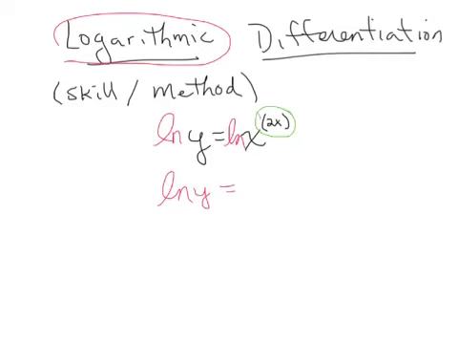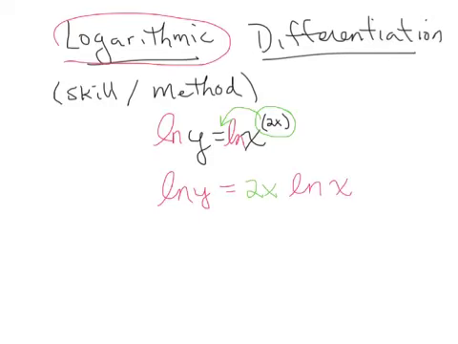So this guy can now be safely thrown out front because that's just an algebra move. That's not calculus. So now we have 2x natural log x. And I'm going to put a dot in between there because we're going to have to do the product rule when we actually apply the calculus.